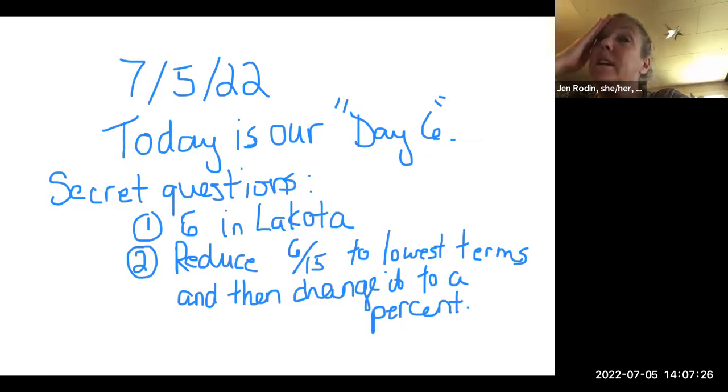They still get credit because sometimes we have people in these classes that are not from around here, or from around here but didn't speak the language, and that's okay. Everybody's gonna learn. Anyway, I put 6/15 to lowest terms because today's day 6 out of 15 total.